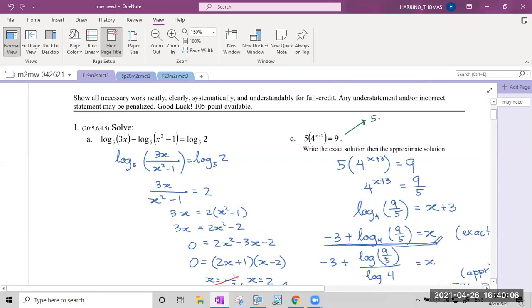This is 5 times. Notice that 4 to the x plus 3 is 4 to the x times 4 to the 3. Is it right? Okay. So this is 5 times 4 cubed, is 16 times 4 is 64. So this is 320 times 4 to the x equals 9.